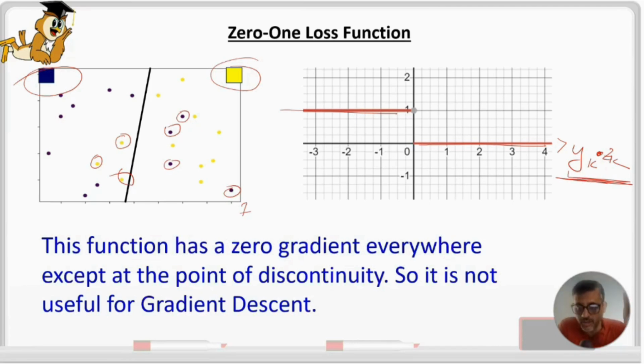Remember, the whole idea of gradient descent was to find the derivative and use that gradient to tell us the direction in which we want to move. If that gradient is 0, we are not going to get any sense of how we need to modify the values of the w's to minimize the error.